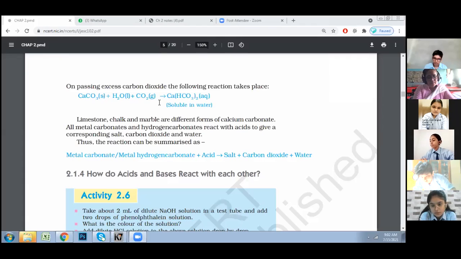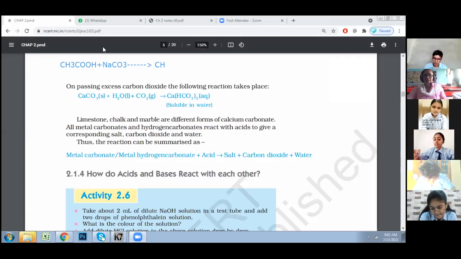Ethanoic acid, when it reacts with sodium carbonate, will form sodium ethanoate. The same type of product will be formed here. Sodium ethanoate.